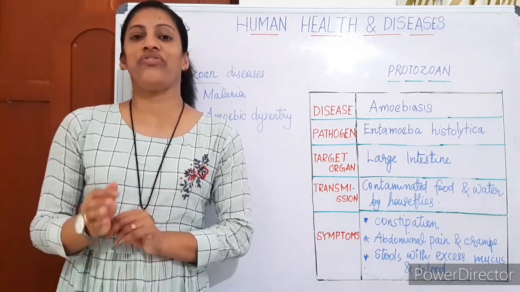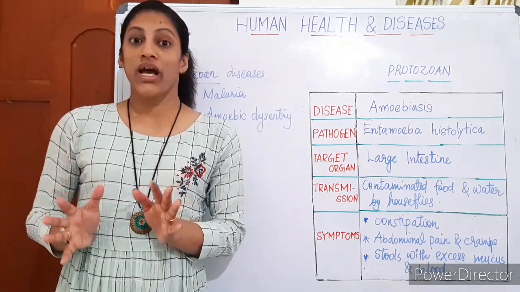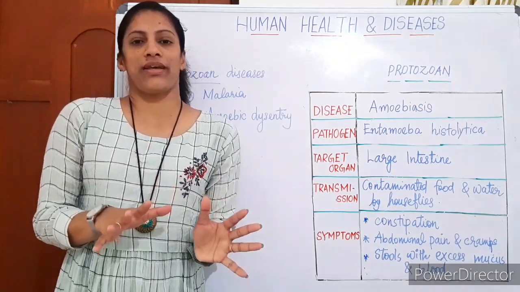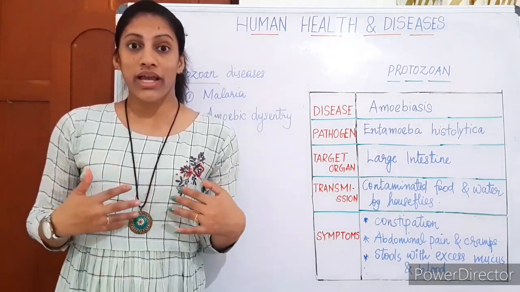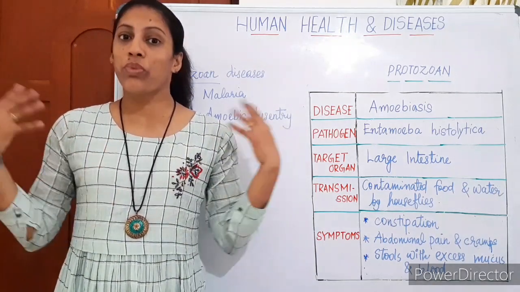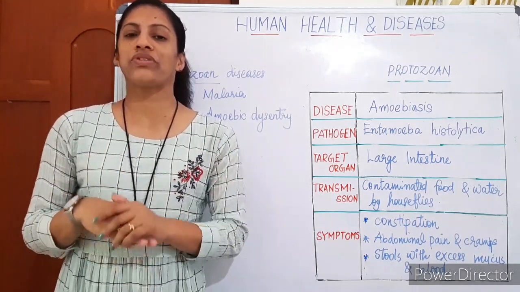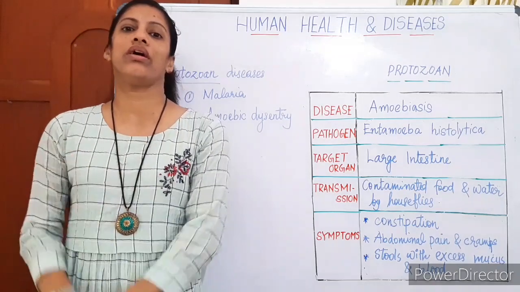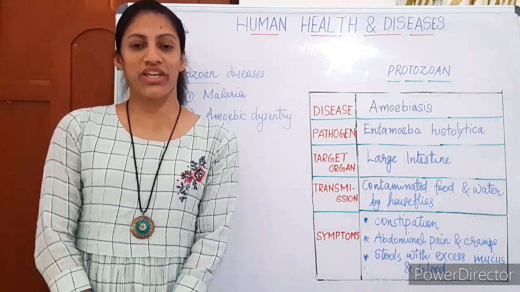If defecation is done in open places, then when houseflies contact this fecal matter, they can act as a mechanical carrier. They do not carry the pathogen inside the body, but through their body surface they can touch the fecal matter. There is a possibility to spread it to humans through our food items and drinking water.